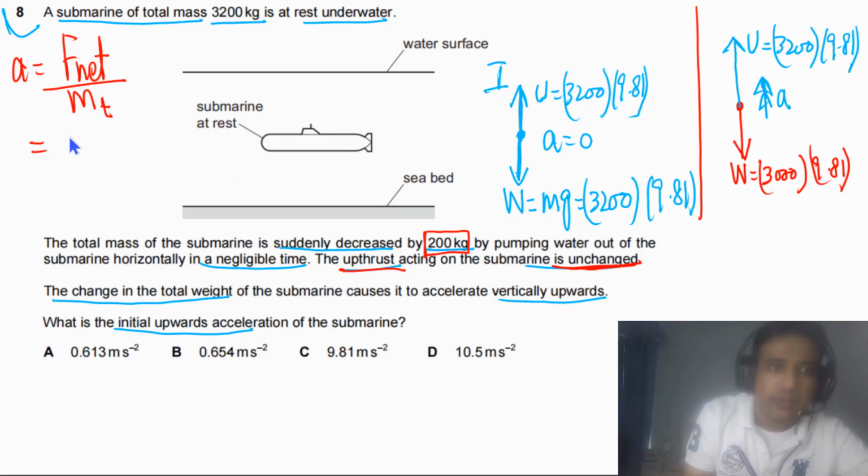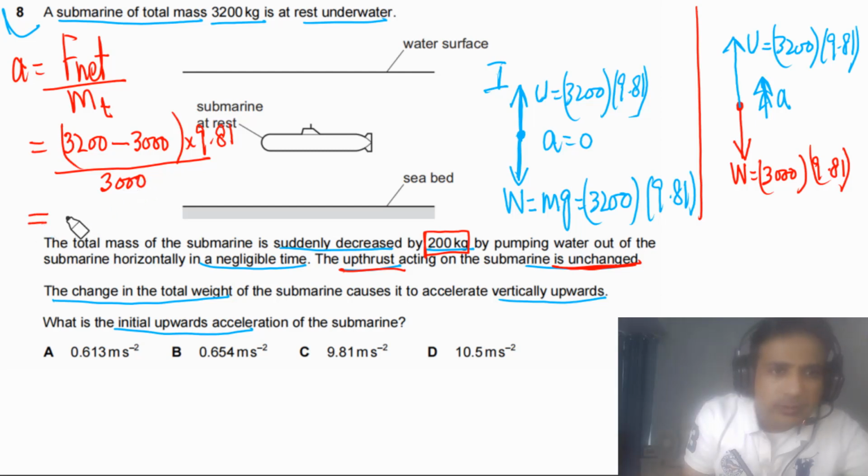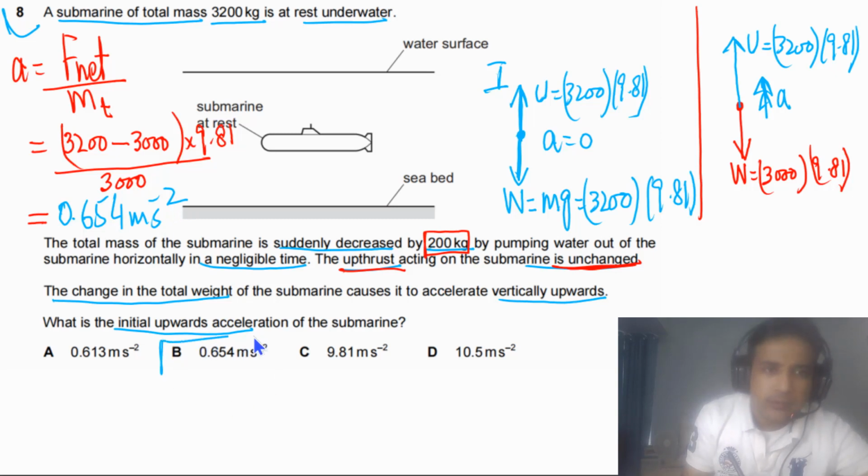So we can write 3200 minus 3000, multiplied by 9.81, divided by 3000, which is the mass of the submarine. Now if we solve this, our answer should be 0.654 meters per second per second. So the answer for this question is B.